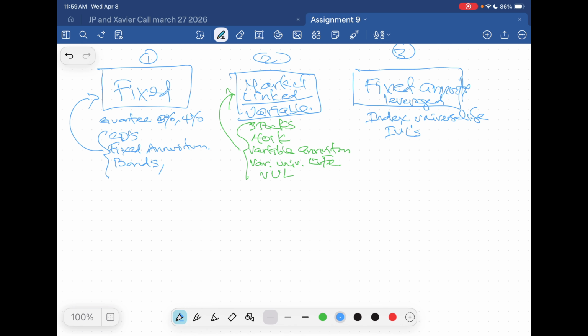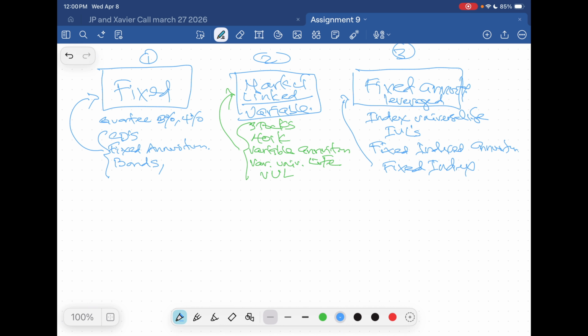We have fixed index annuities. Okay, these are linked with fixed index. Okay, what does this mean?